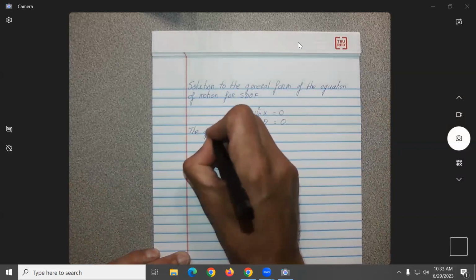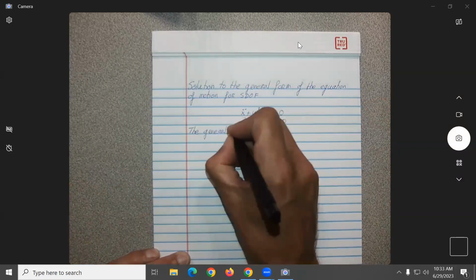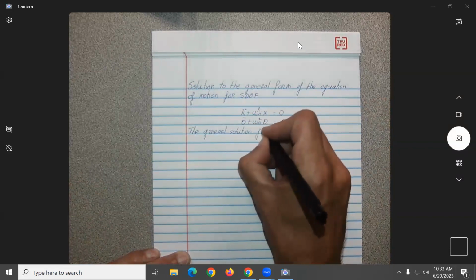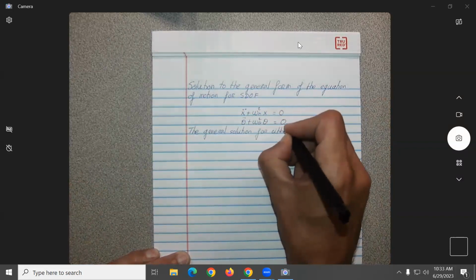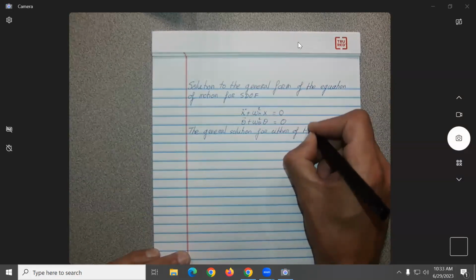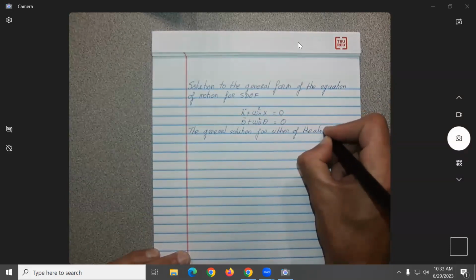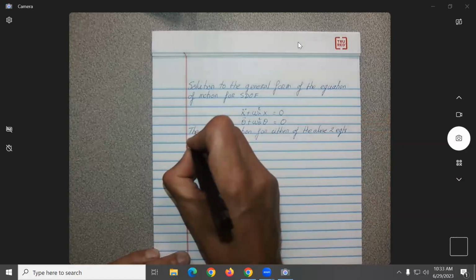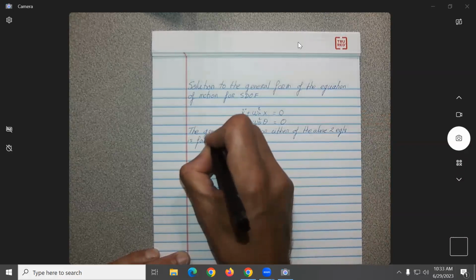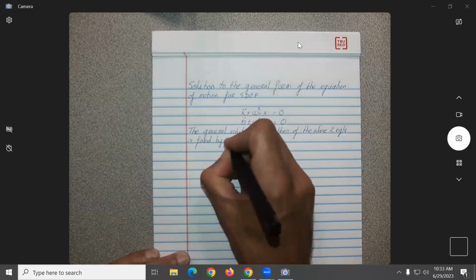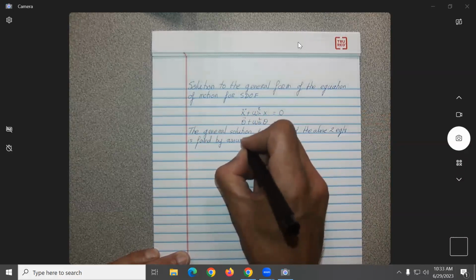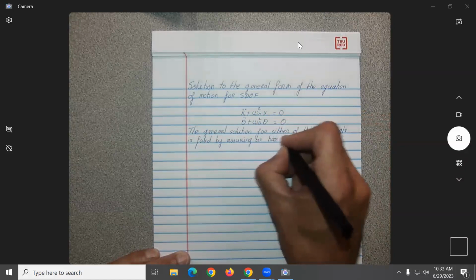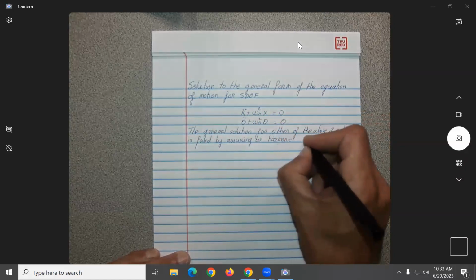Okay, so the general solution for either of the above two equations is found by assuming a harmonic solution.